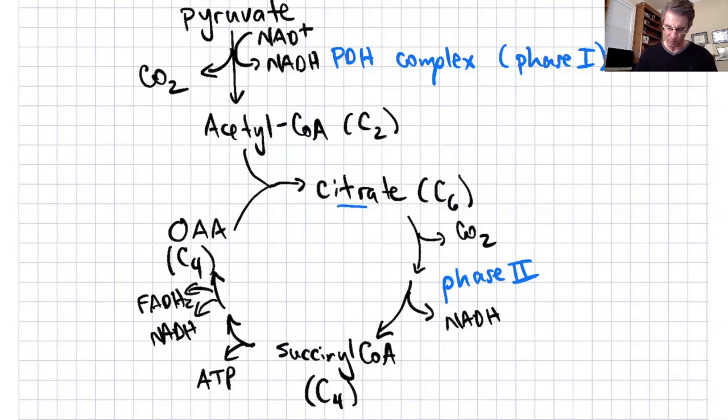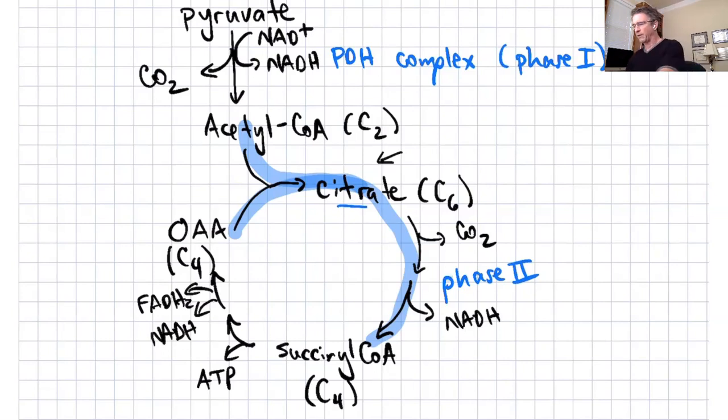But today, what we're going to do is come through this part of the cycle right around here. The first part is we're going to start right here at this condensation reaction where we put oxaloacetate and acetyl-CoA together to form citrate.